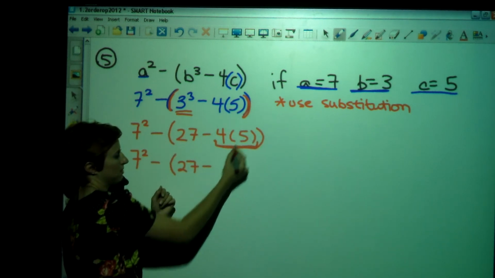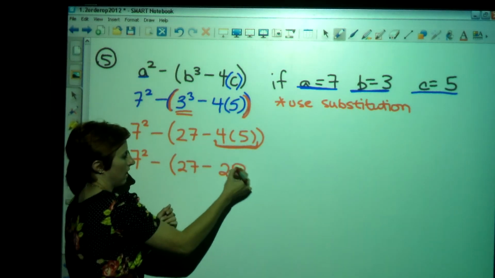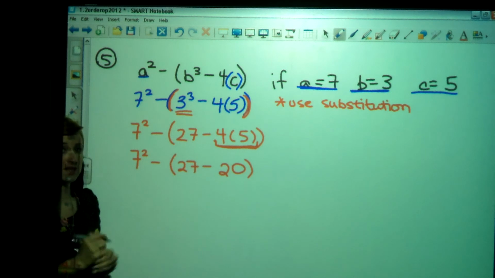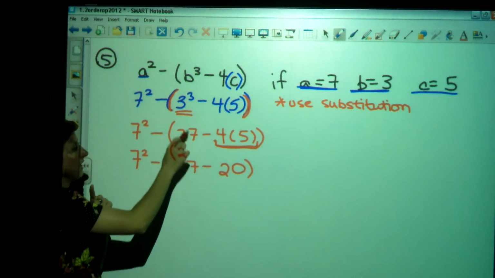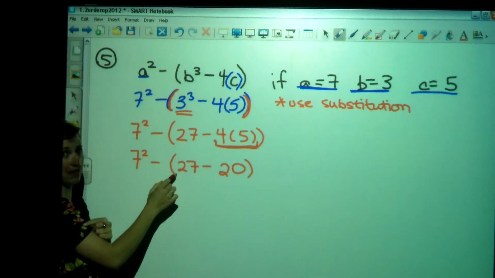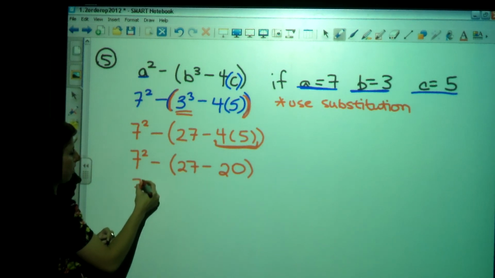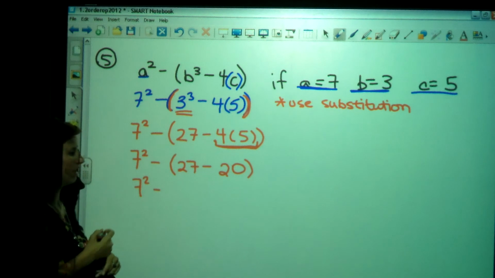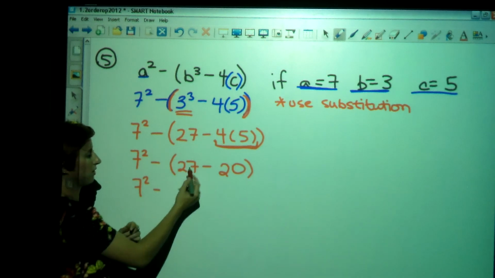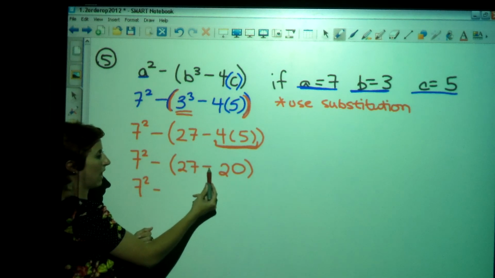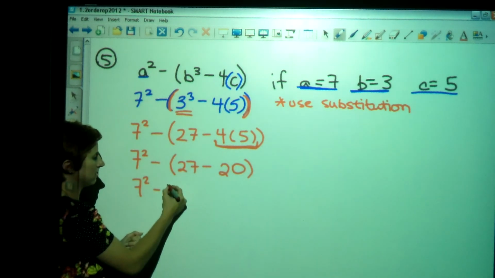And 4 times 5 is 20, and I close off my parenthesis. And even though I've done step 1 and used parentheses twice now, I still have a parenthesis, so I'm still in step 1. So my 7 squared drops down, minus. This is the last step for it because there's only 2 numbers left I need to do. So 27 minus 20 is 7.